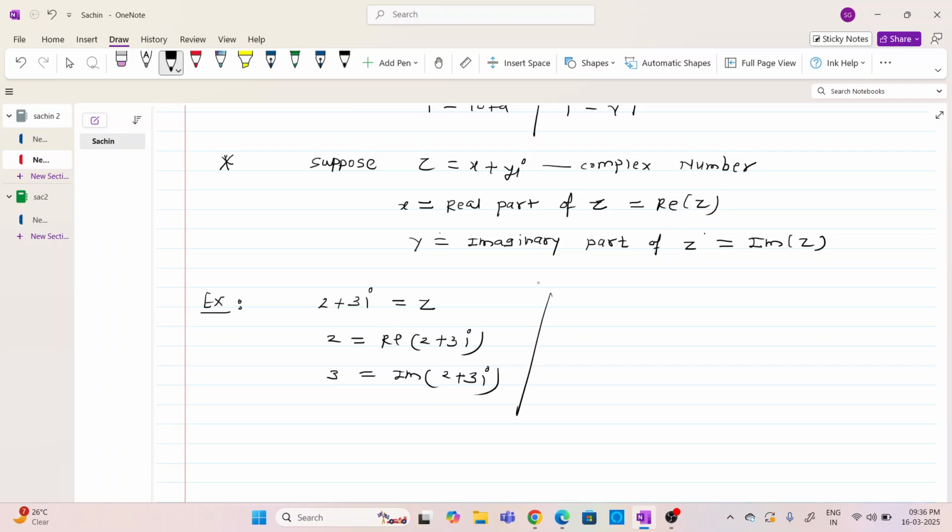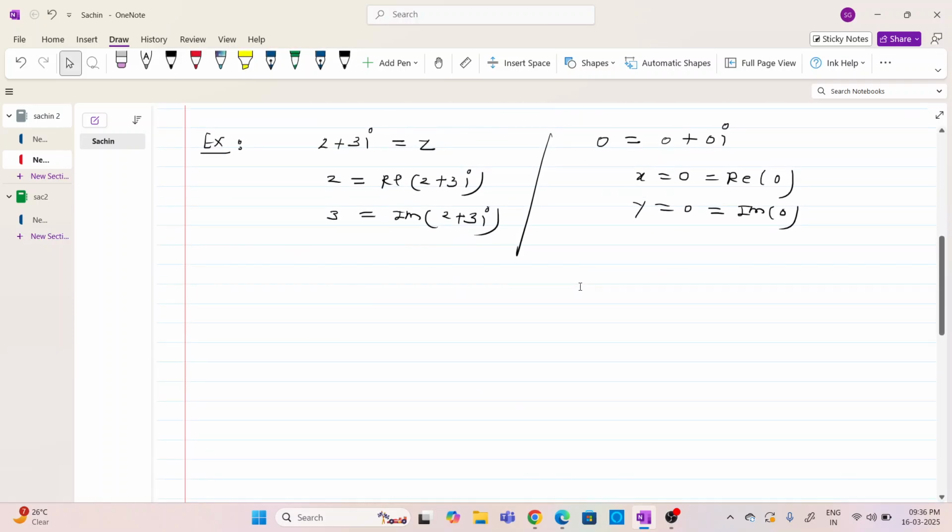Okay, suppose if you say 0 is a complex number. Yes, 0 is a complex number because you can express 0 in this form, 0 plus 0i. So here x is equal to 0, this is the real part of 0, and y also is equal to 0, that is the imaginary part of 0.